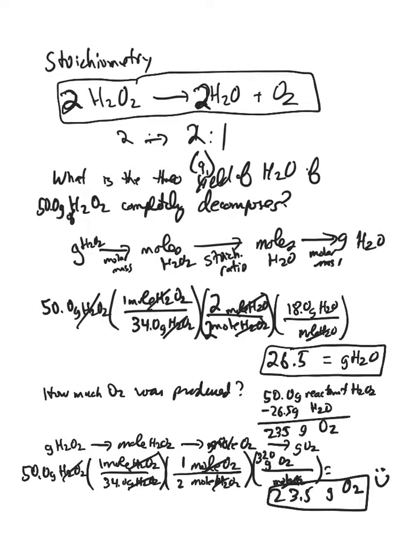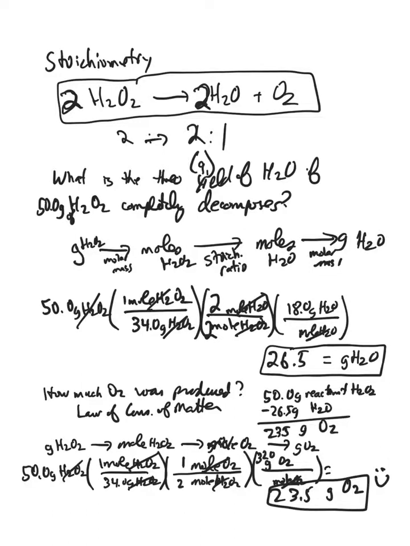That's what we predicted we would get by using the law of conservation of matter up above, or using our stoichiometric method. We came up with the same answer either way. Now, side note, occasionally if you do it the two different ways, you might come up with 23.4 or 23.6.